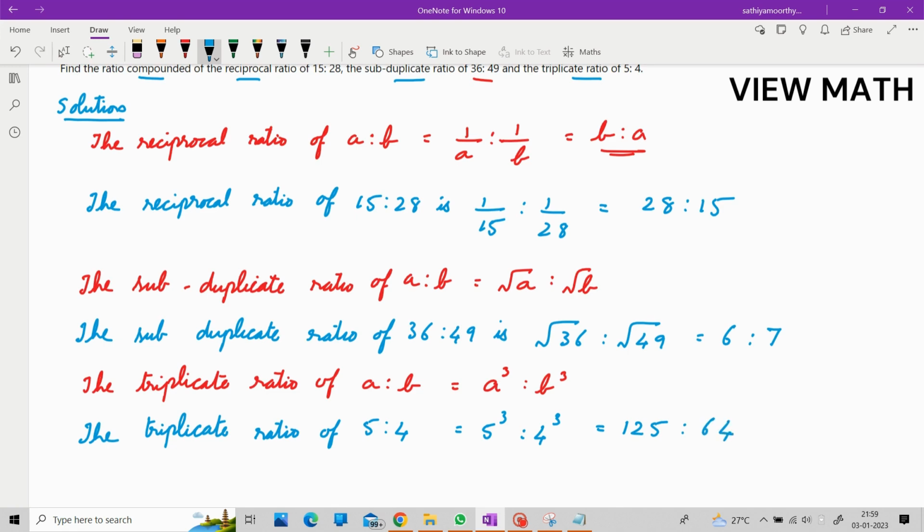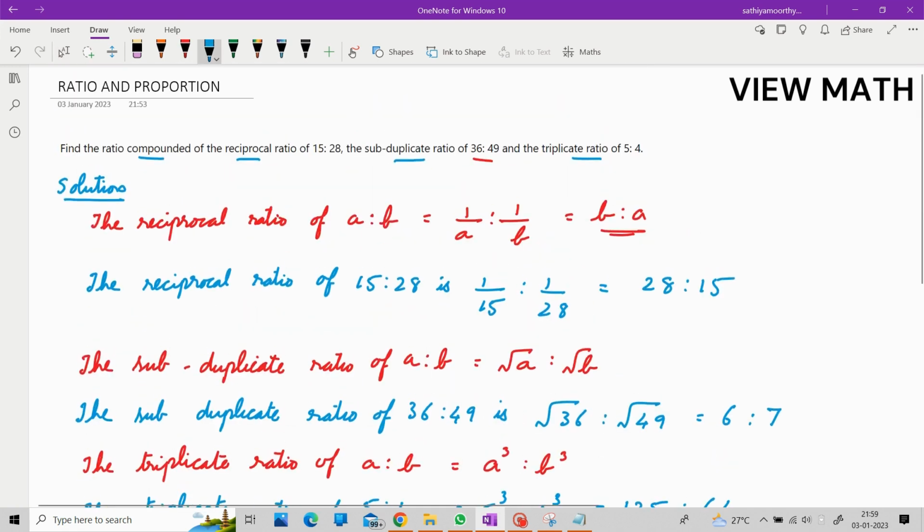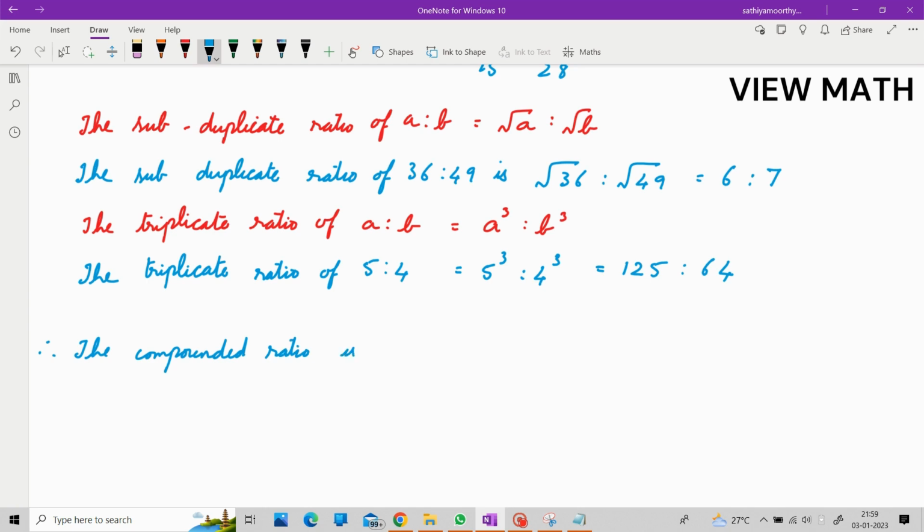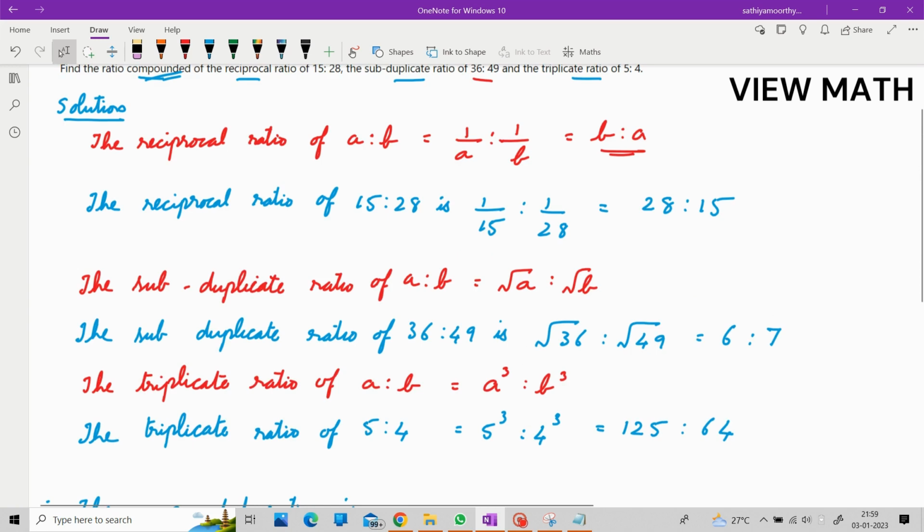Now I have to find the ratio compounded. So I have to find out the compound ratio of all these three. Therefore, the compounded ratio is: the first ratio is 28 is to 15.